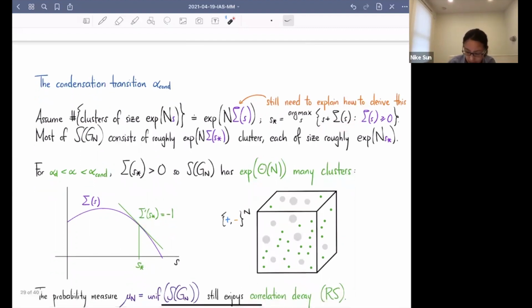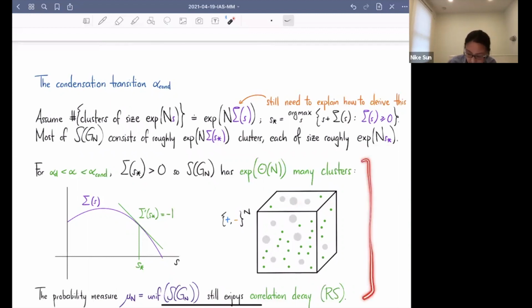So the picture is that you can have bigger clusters and smaller clusters, but the majority of the mass of the solution space is taken up by these clusters, which are all roughly the same size, e to the n S star, and there will be exponentially many of them.